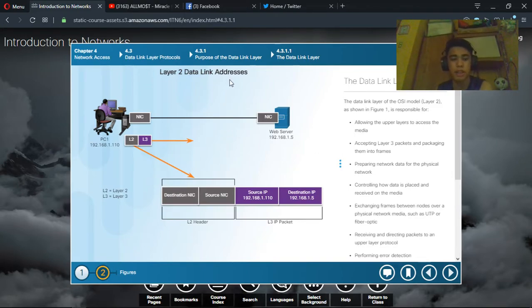Then the data link address needs the destination MAC address and source MAC address, and also the layer 2 header. It will add a layer 2 header to a layer 3 IP packet.